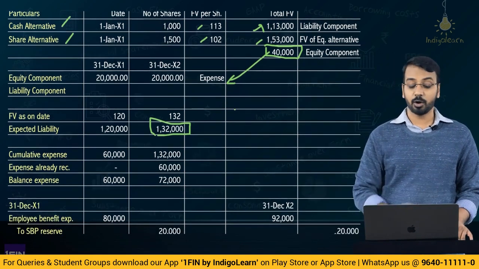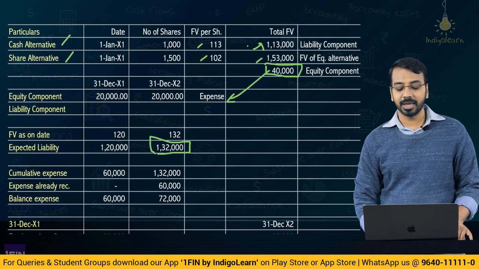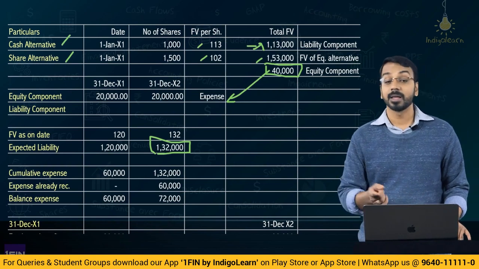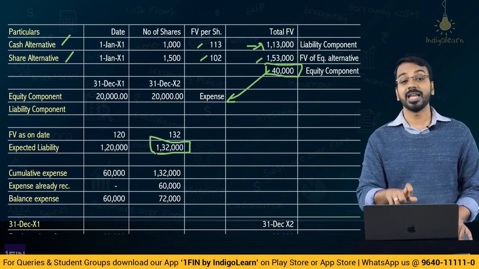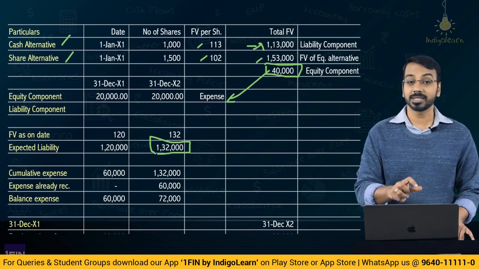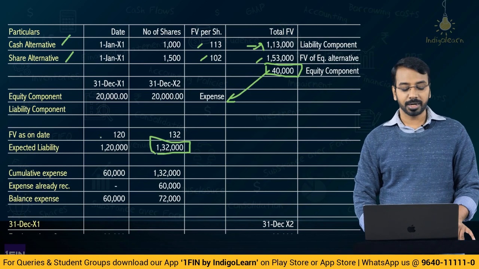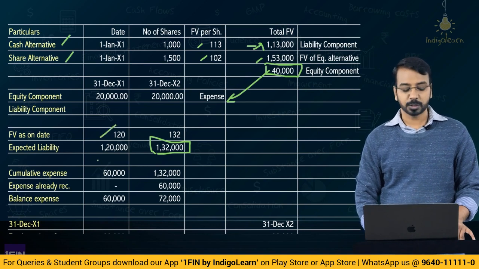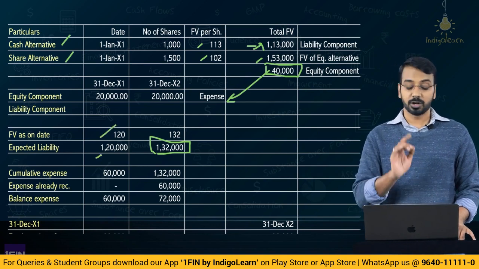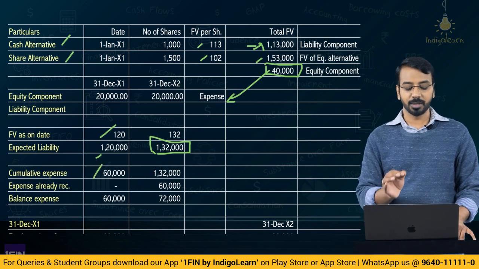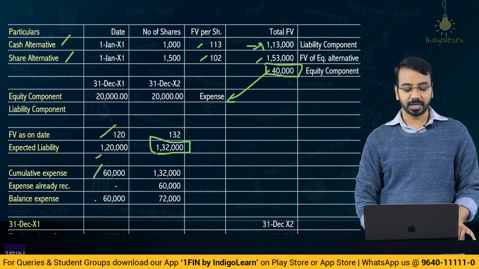Then come to liability component. We are not recognizing the expense based on 113 because on the date of recognition, the fair value has increased to 120. So for us, liability will be determined based on 120. So for 120 fair value, the expected liability is 120. That is for a 2 year period. So for 1 year period, it becomes 60,000, right? So you'll recognize 60,000.